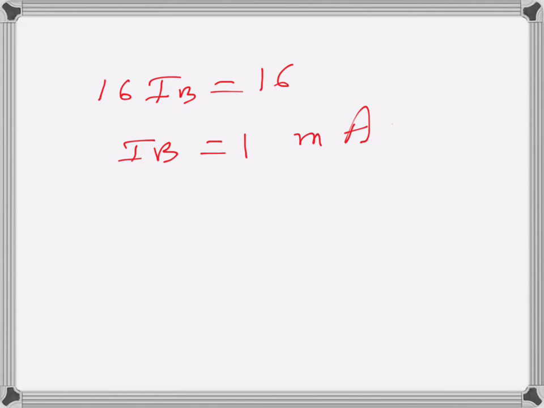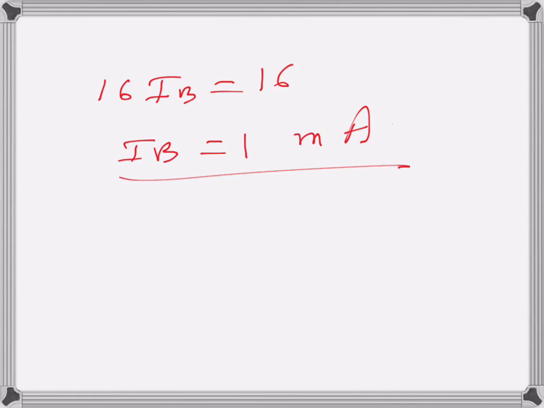So it becomes 16 IB equals 16 on the right hand side, so I am getting IB as 1, and the unit will be milliamps, because the units of the resistances were kilo ohms.